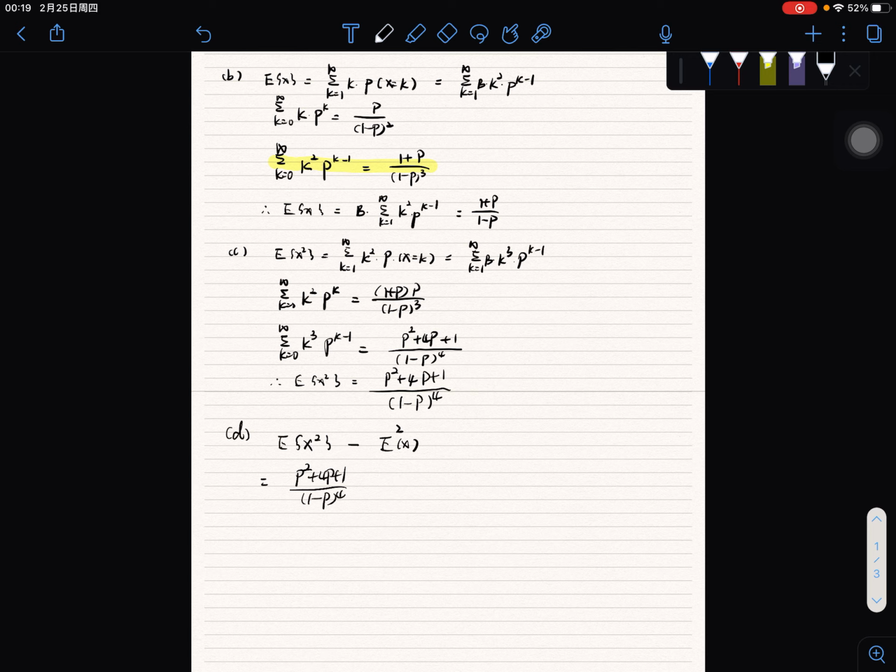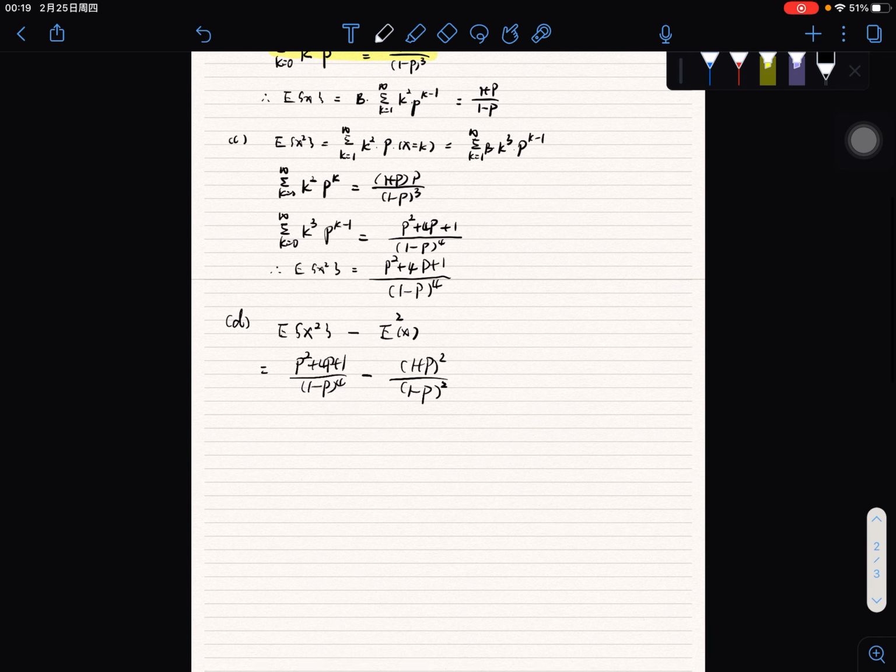This is EX squared minus (1 plus p) squared divided by (1 minus p) squared. And we will get the answer. It is 2p divided by (1 minus p) squared.